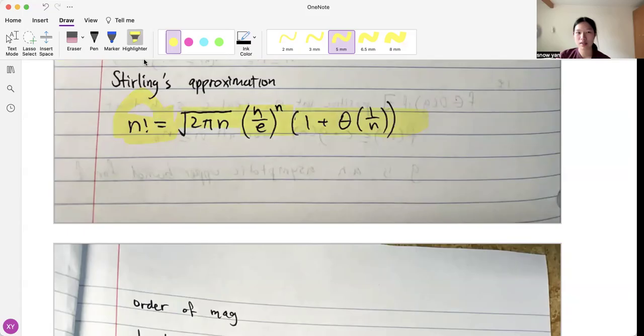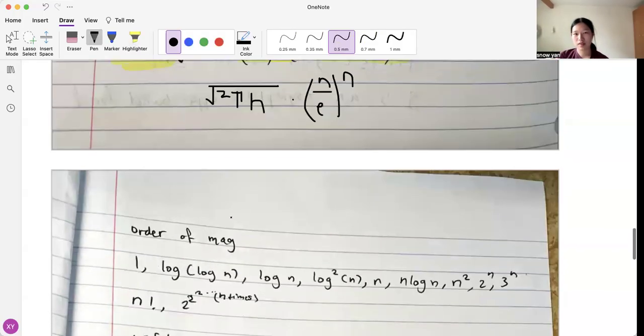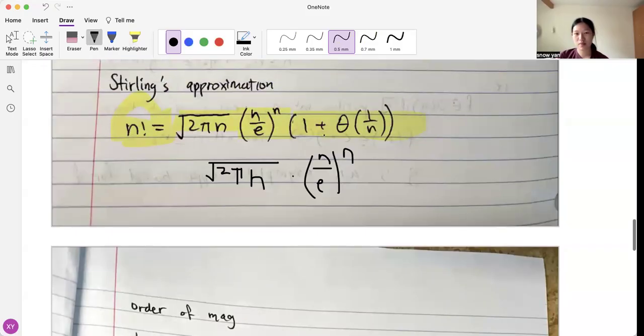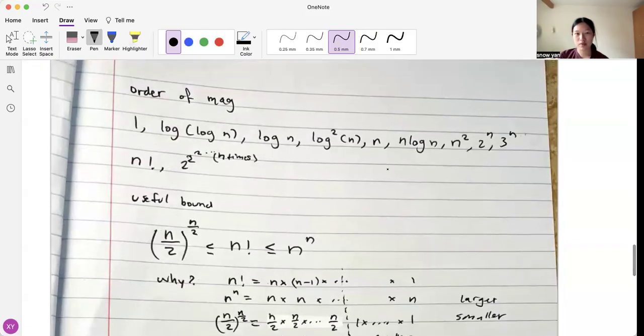But essentially I just remember it as theta of the square root of 2 pi n times (n divided by e) to the n. That's what I go by, because the 1 plus theta of 1 over n term is keeping this constant. As n grows large, it tends to 0, so it doesn't matter for us.